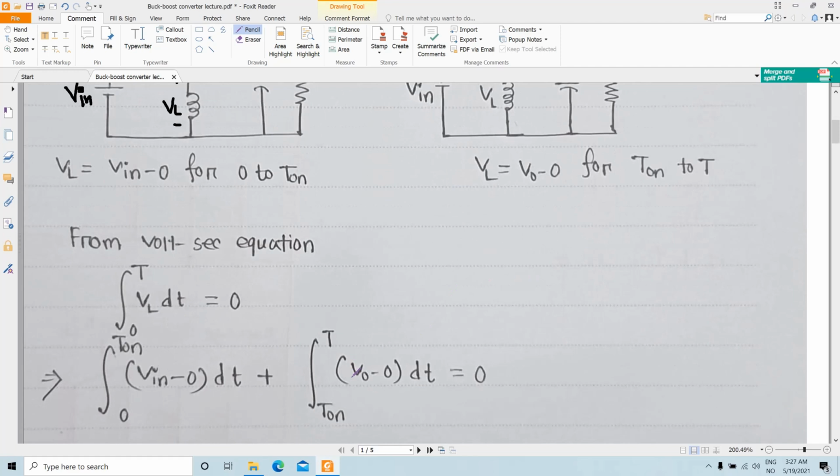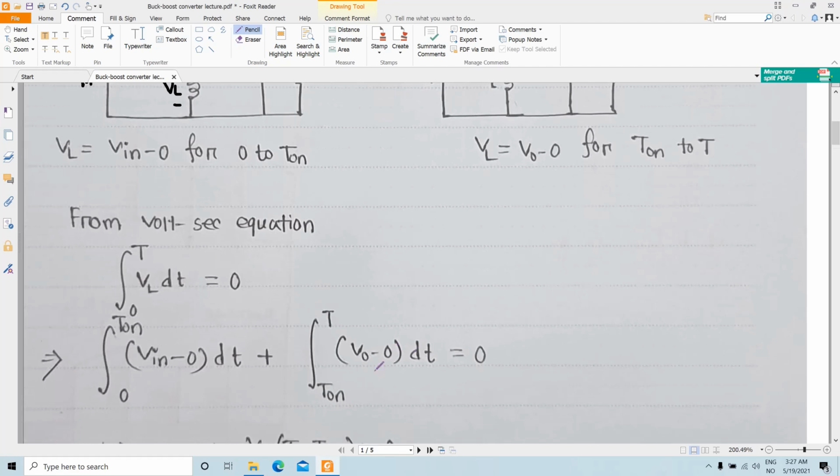So we integrate V out from T on to T. This is the volt-sec balance equation.